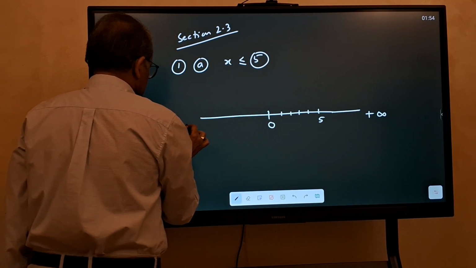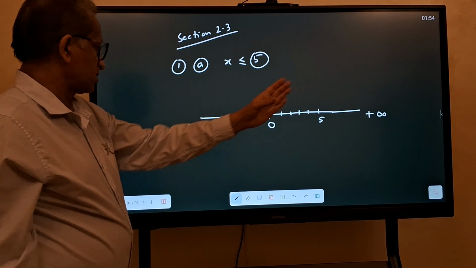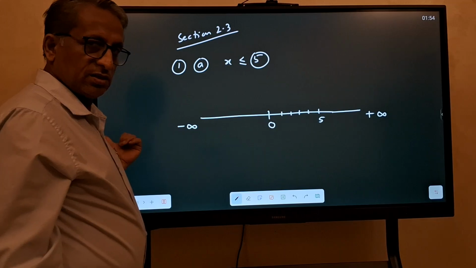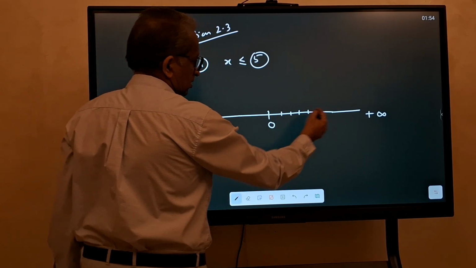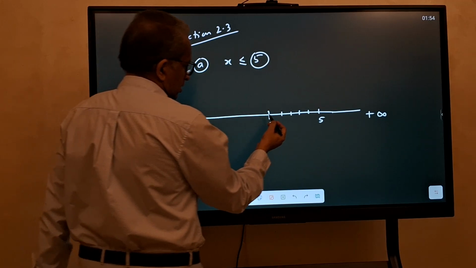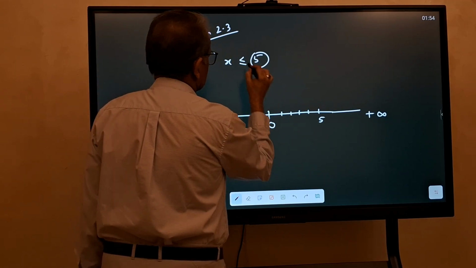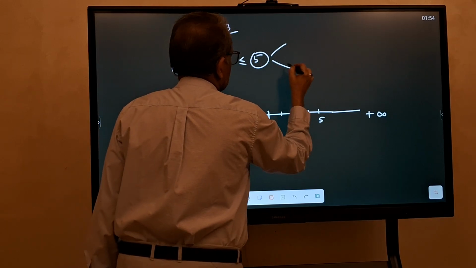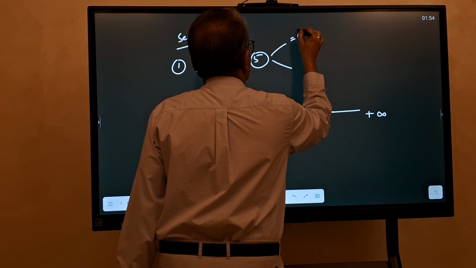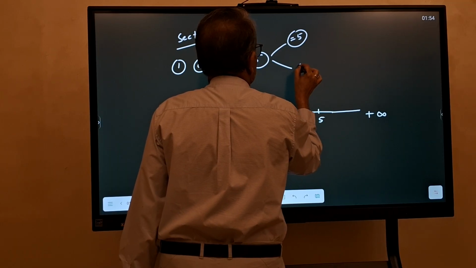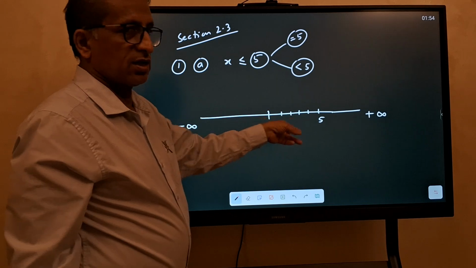When you go on the left side, it is minus infinity, the largest negative. Now here we have less than or equal to, so we have two conditions: equal to 5, and less than 5. I have to represent both on this graph.